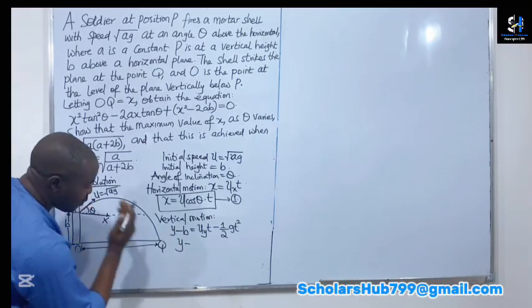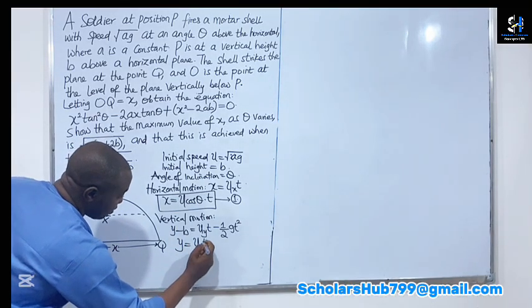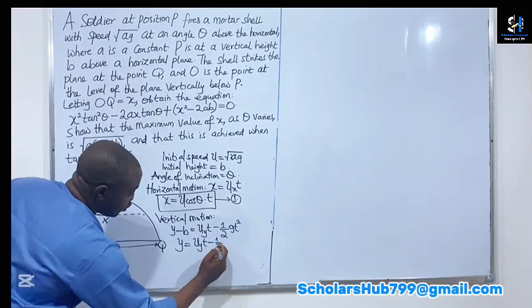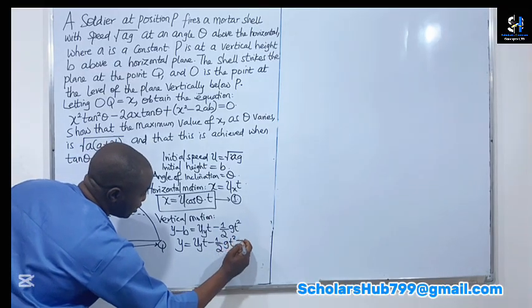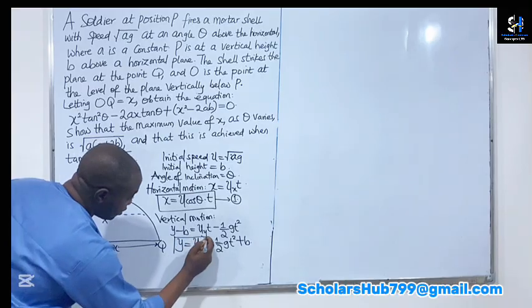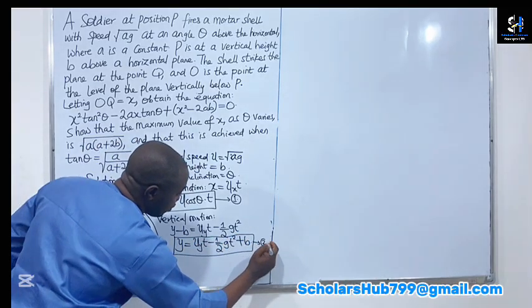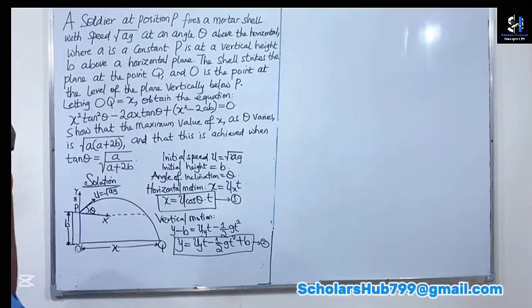So y will be equal to uy multiplied by t minus 1/2 g t squared plus b. This is the second equation, which is the equation for vertical motion.